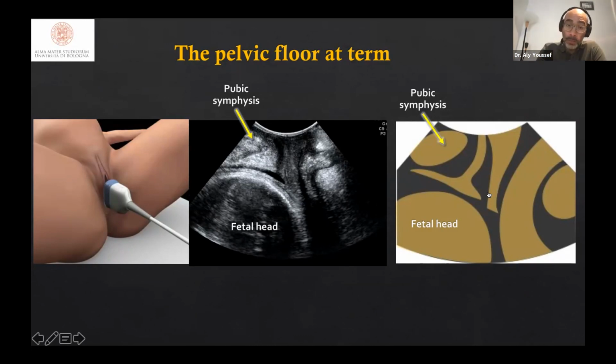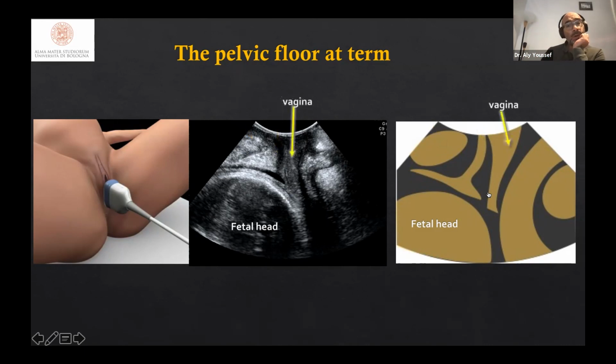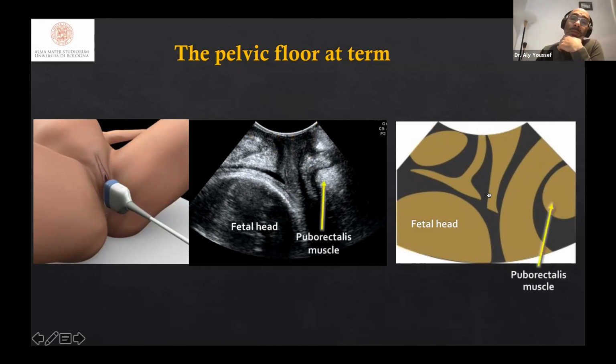So a combination of the pushing and the relaxation from the levator ani muscle point of view. How can we see the levator ani muscle in pregnancy? So again, the regular structure, the pubic symphysis, the urethra, the vagina, the rectum, and the pubic muscle.